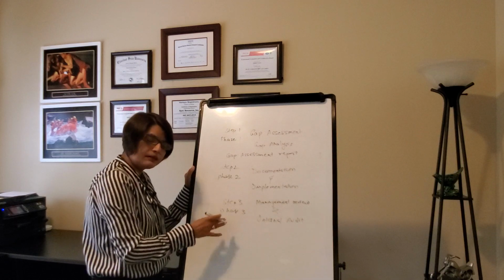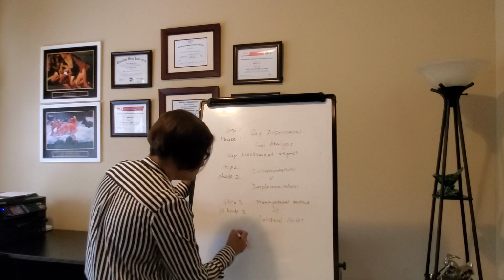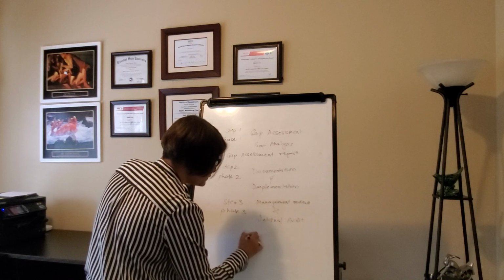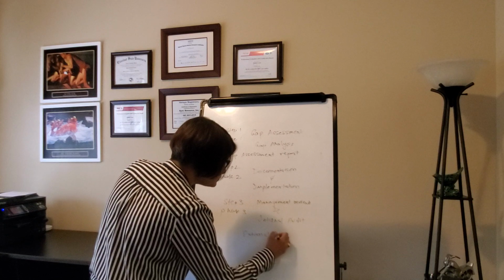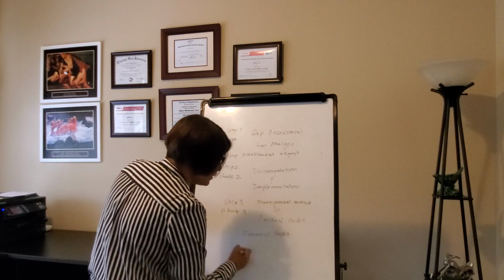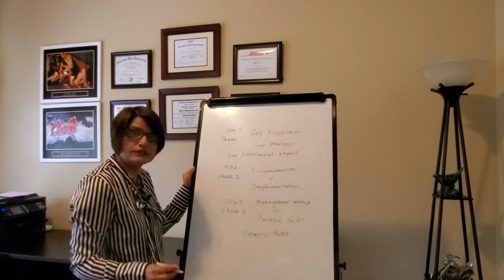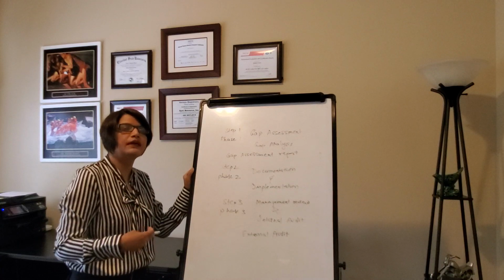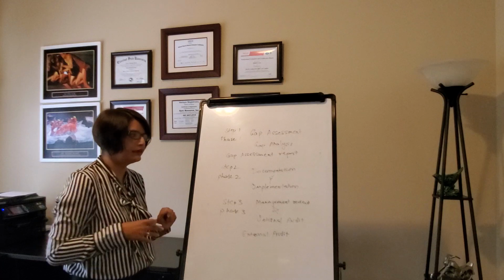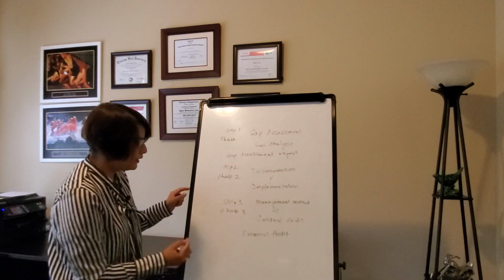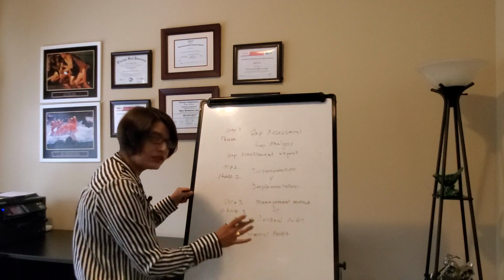And after this step is the final step, wherein you go through an external audit. This is done by a third-party agency who comes and reviews all the documents and makes sure that you have the right information in place.